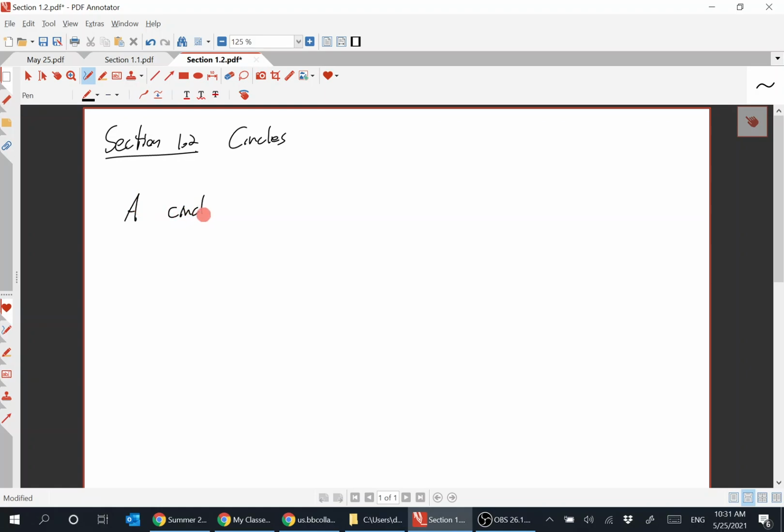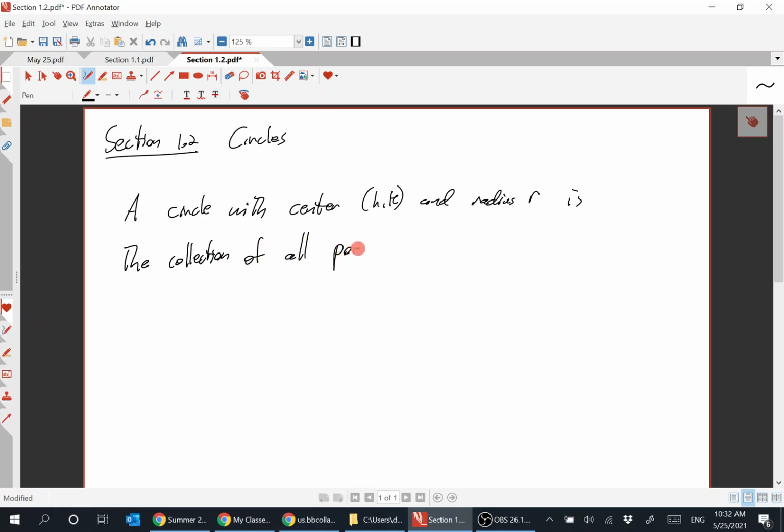So a circle with center h comma k and radius r is the collection of all points of distance r from the center h, k.